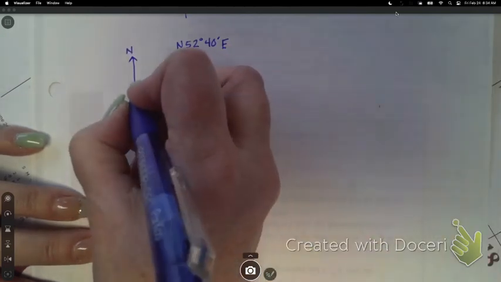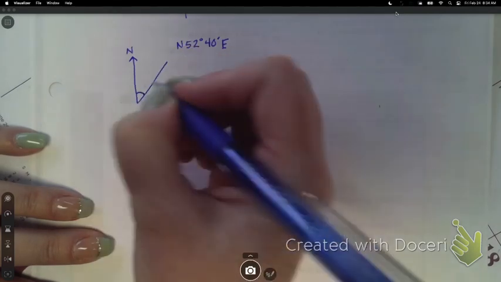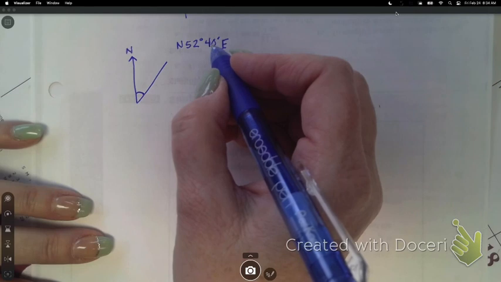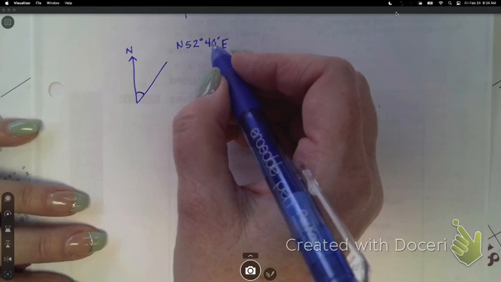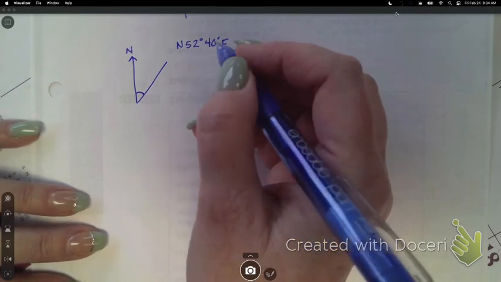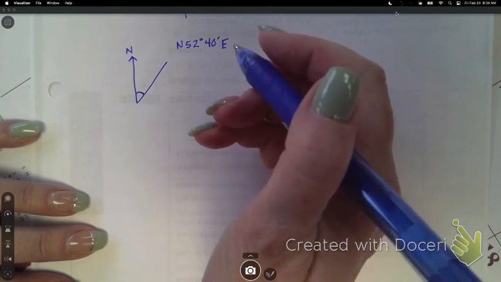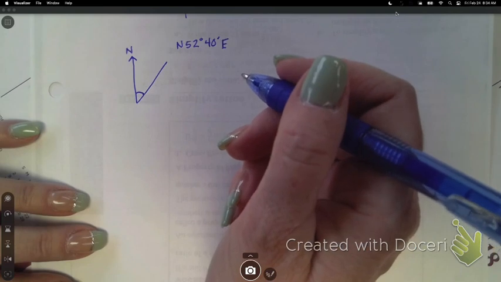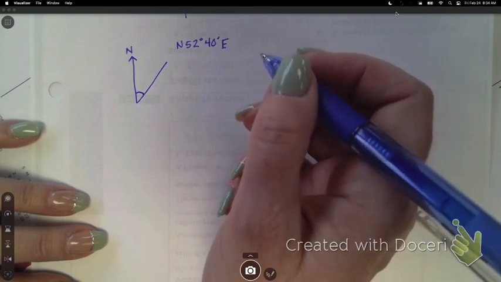And so this angle right here, I need that into a decimal to work with it. So it'd be 40 divided by 60, so that would be 2 over 3, so 2/3 is 0.66. Guys, degrees to minutes, you divide, yes? So 40 divided by 60 would reduce down to 2 over 3.